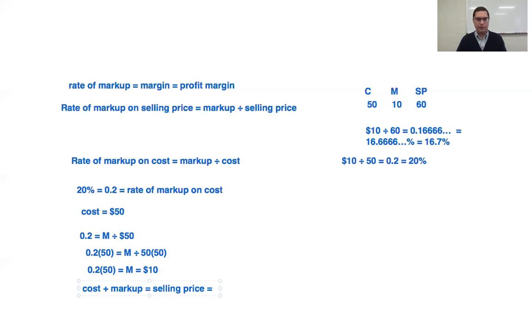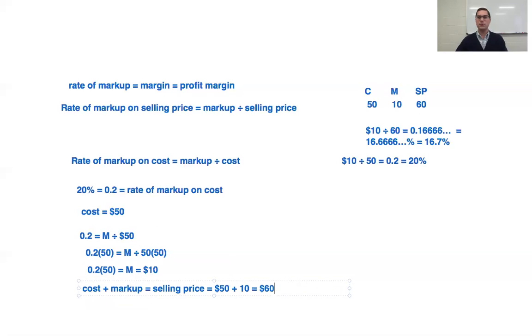It's going to be $50. That's our cost. That stayed the same this whole time. We just figured out what our markup is going to have to be. If we want that markup of 20%, we want a 20% margin, that's going to mean a markup of $10. So our selling price then is going to equal $60.